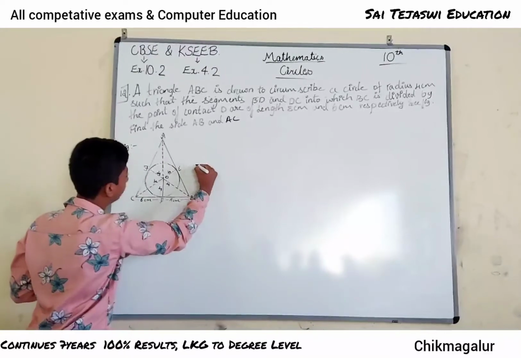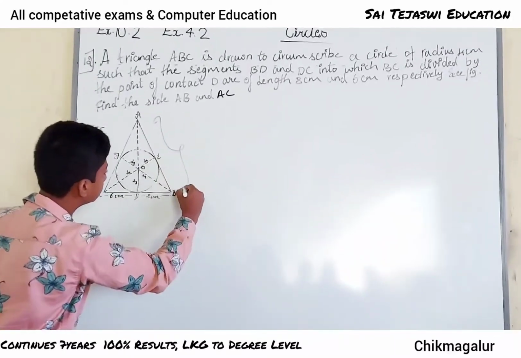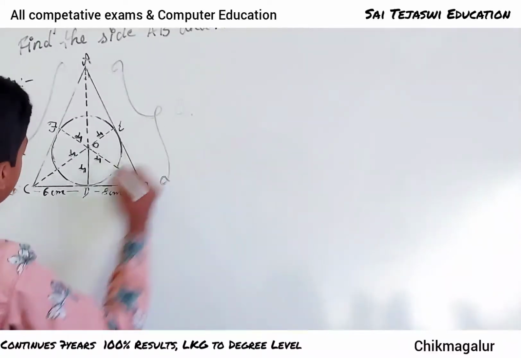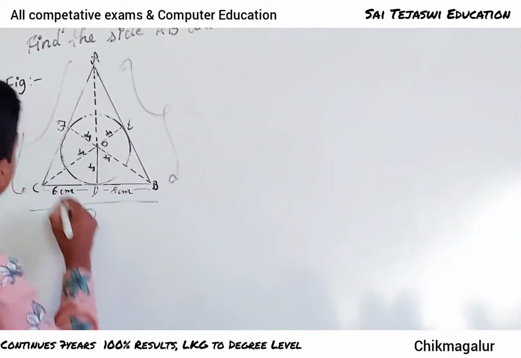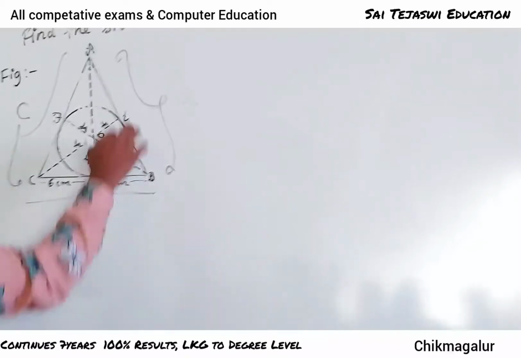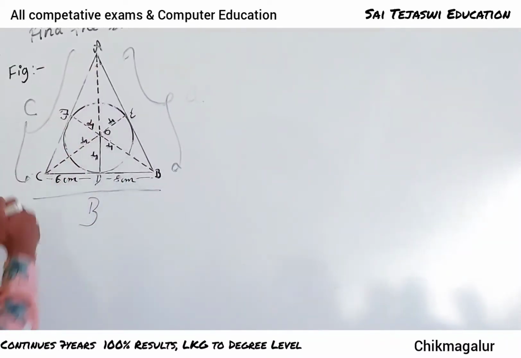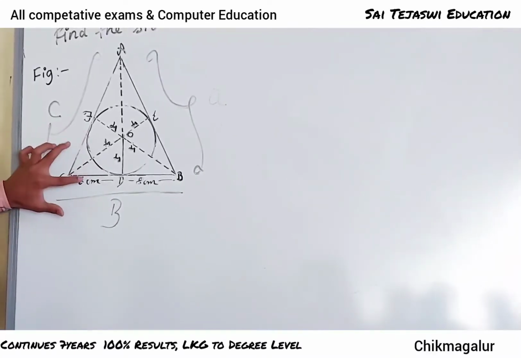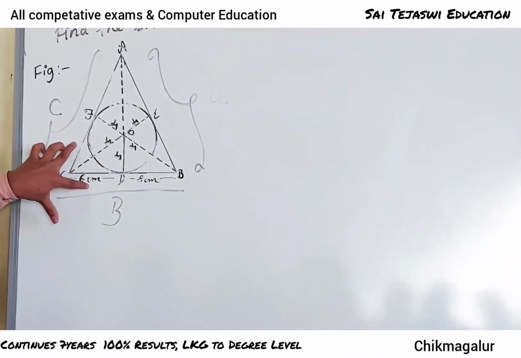We don't know the value of this. Let us consider this as A, this as B and this as C. Now we should find out this length. When two tangents are drawn to a circle from a point, their lengths are equal, by the theorem of the circle chapter.